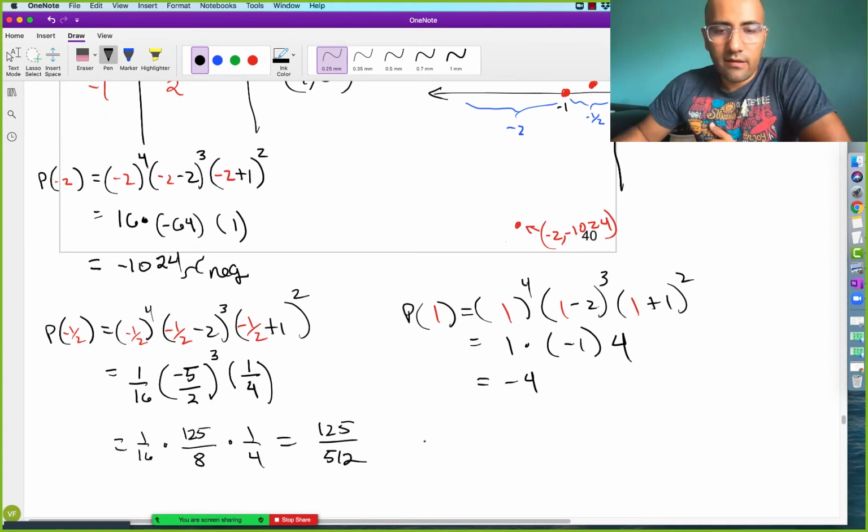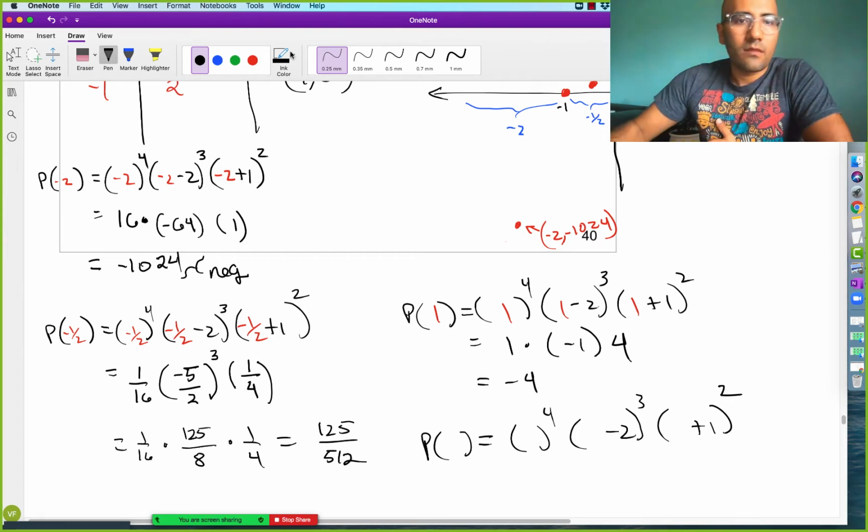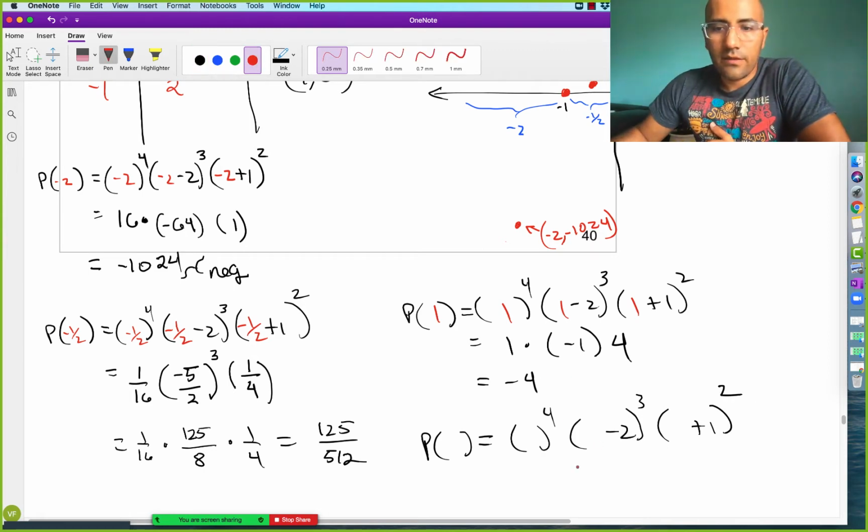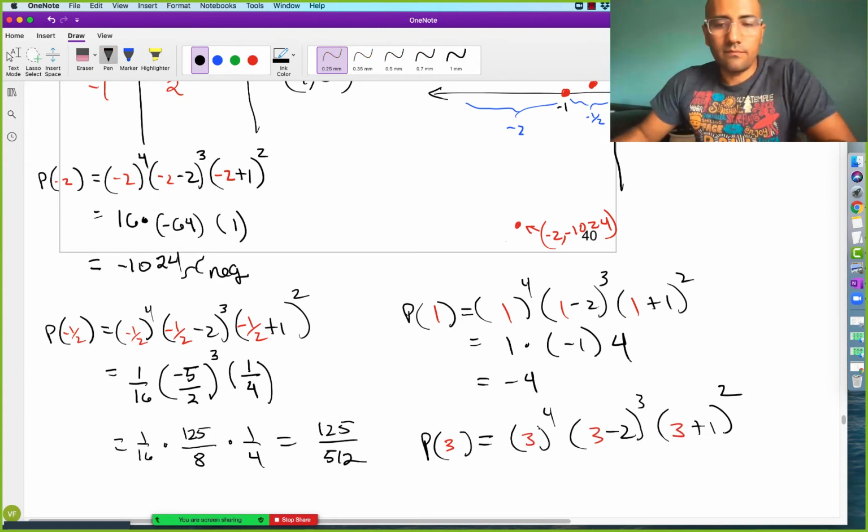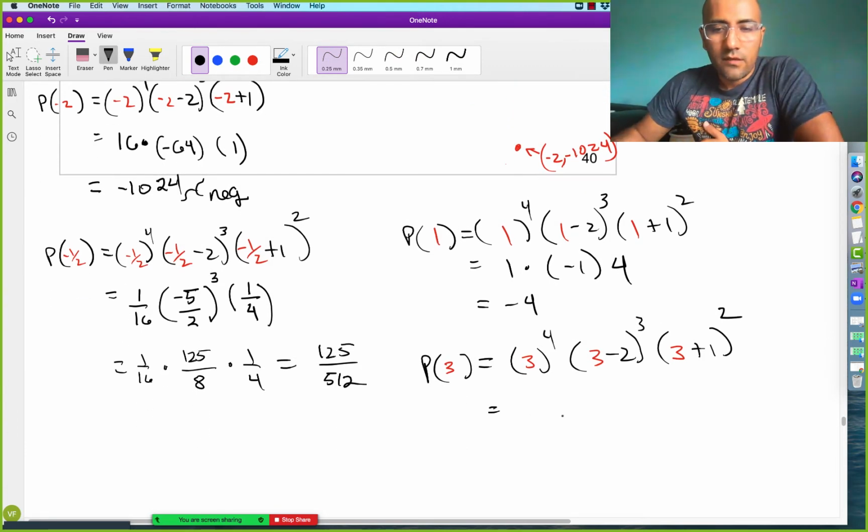And then next, p of 3: 3 to the 4th power, minus 2 to the 3rd power, plus 1 to the 2nd power. And we're going to plug in 3. So 3 in there, 3 in there, 3 in there, and 3 in there. And that gets ugly. 3 to the 3rd power, that's 27.